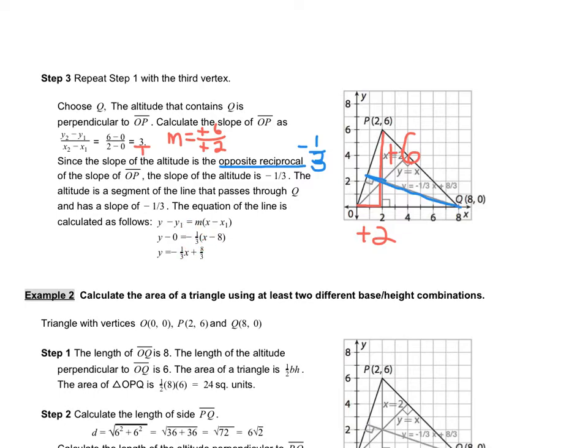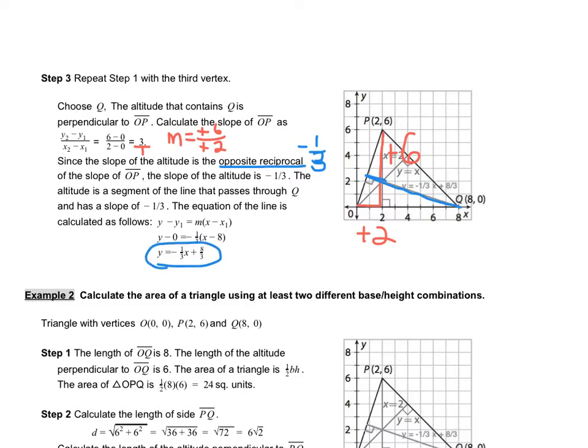Hopefully you can see that. And that is -1/3 in place of m. And then we just need to do a little bit of algebra and make sure that we distribute this -1/3 sign throughout the parenthesis here with the x and to the 8, -8, and then just simplify. And so the equation that we're looking at for the segment in blue is right there.